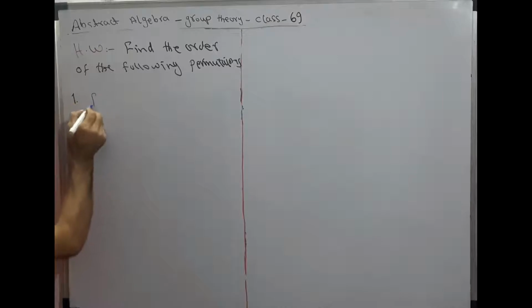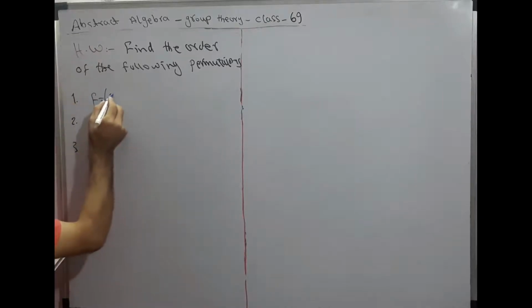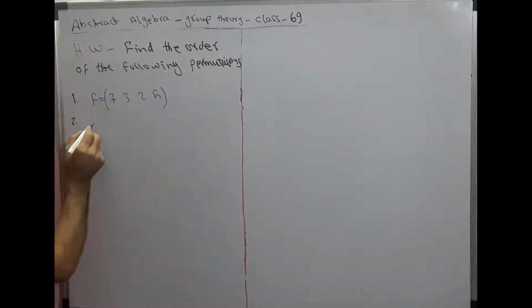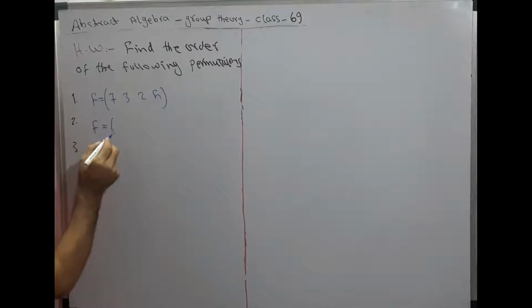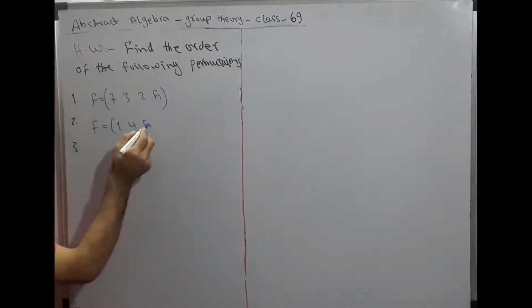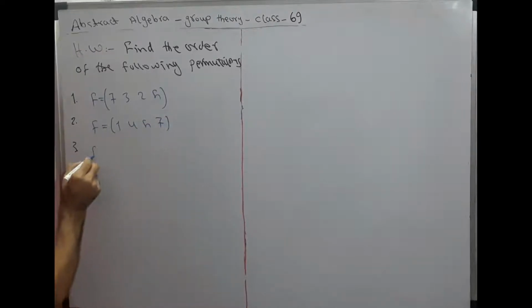Number 1, f is equal to (7 3 2 5). Number 2, f is equal to (1 4 5 7). Number 3, f is equal to 1 2 3 4 5 6 7 8 / 2 3 5 1 4 6 8 7.